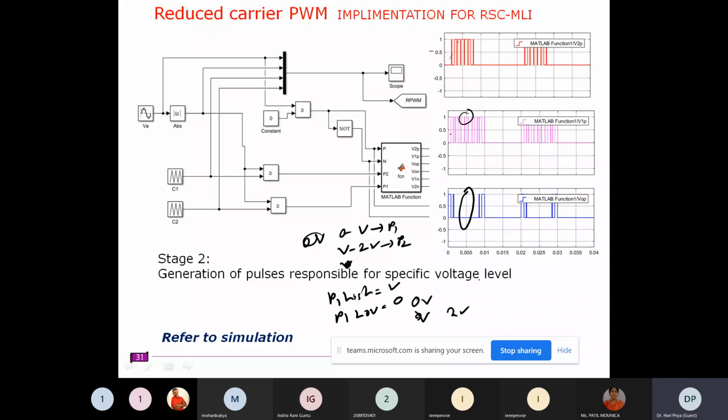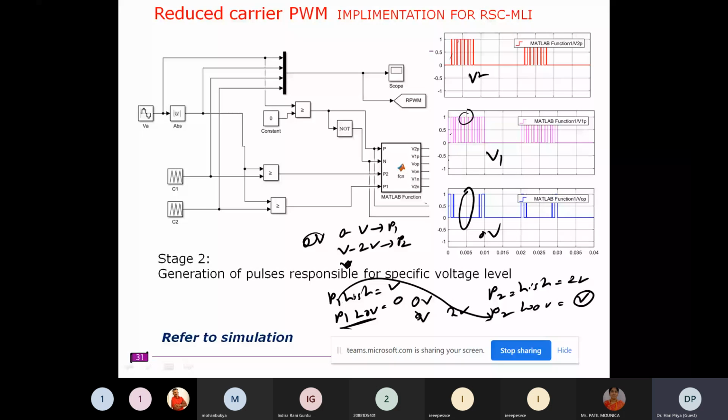That's the reason this is responsible for 0 voltage, this is responsible for V1, and this is responsible for V2. That means this remains high when the 0 is low, and this remains low when V2 is high. That's the combination we are trying to obtain, and we just keep that in a MATLAB function block.